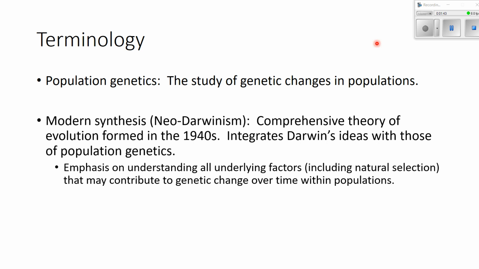Sometimes it's referred to as neo-Darwinism, and it's a comprehensive theory of evolution that was formed sometime around the 1940s. It takes Darwin's ideas from his 1859 publication and puts it together with all of the genetics knowledge that we've gained since that time for a better understanding of how these underlying factors work along with natural selection to create genetic change over time within populations.